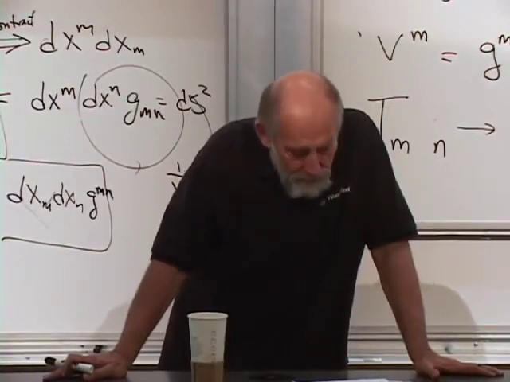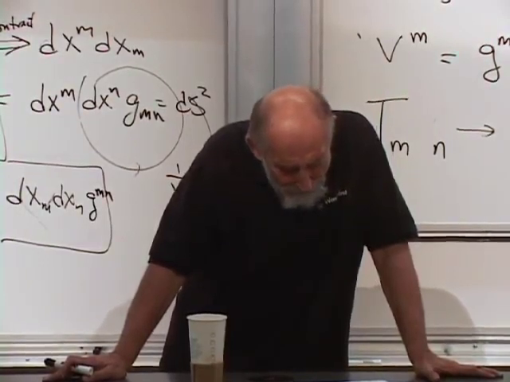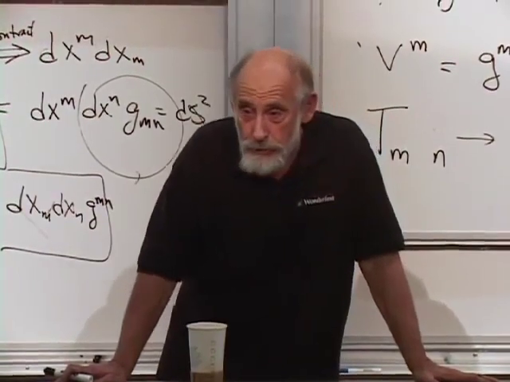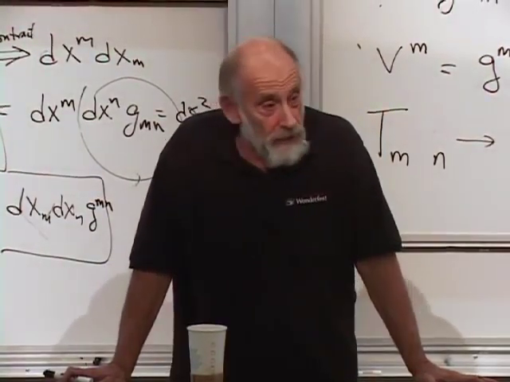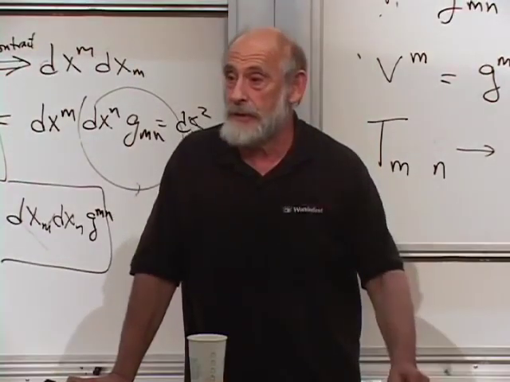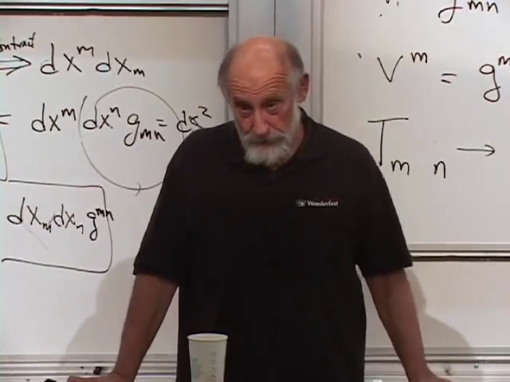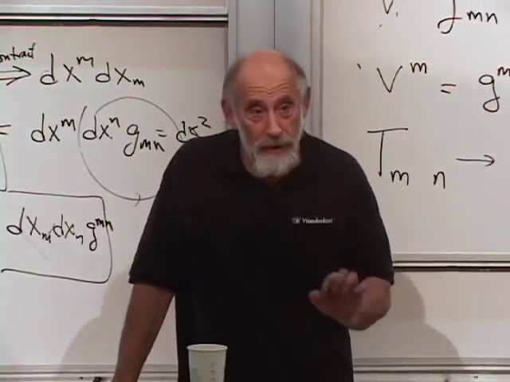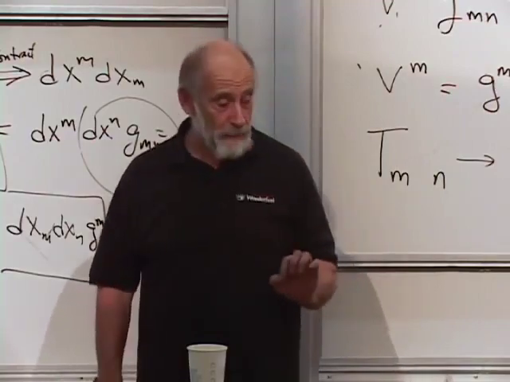That takes us through tensor arithmetic, tensor algebra. Incidentally, there are some other operations you can do with tensors that may give you tensors. I haven't exhausted all the operations that give you tensors. You can add two tensors, but when you do, you had better make sure they're tensors of the same type.